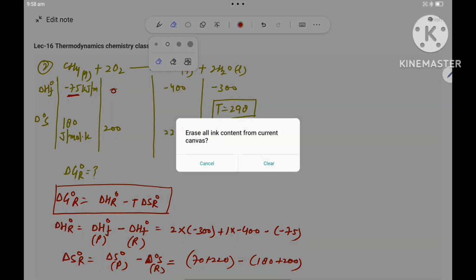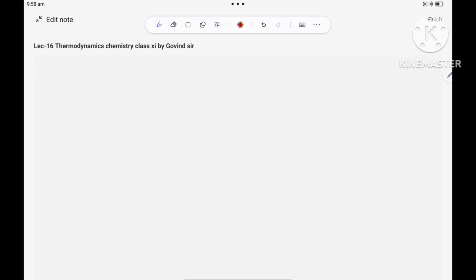Now come to the relation between delta G naught and the equilibrium constant.